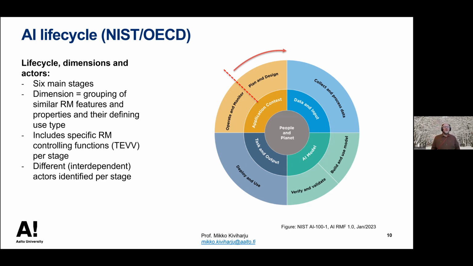Anyway, you can see that compared to the ENISA standard, this also has 6 main stages, but it is very focused on these TEVV controlling functions. The TEVV stands for testing, evaluation, validation, and verification. So the main idea in the NIST guideline is to have these dimensions and several interdependent actors at each stage.